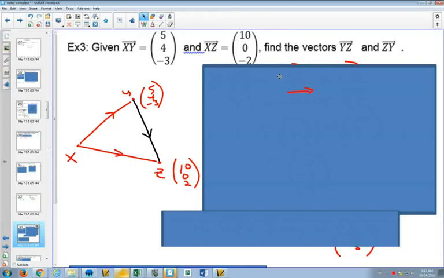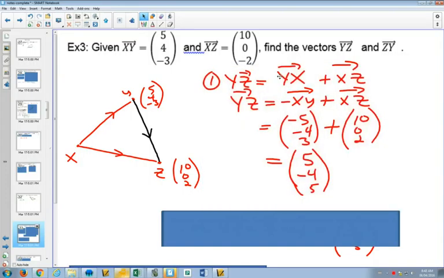Well, if I want to find y to z, I'm going to start at y, and I need to end at z. Can you see that you're going to need to do this one negative, and then this one the same as it was before? So from y to z, you're going to go y to x, and then x to z. And that's going to get you at the same place.